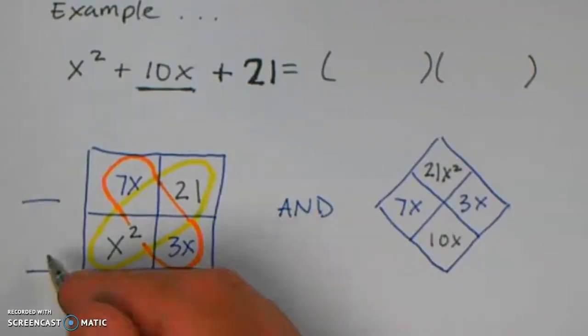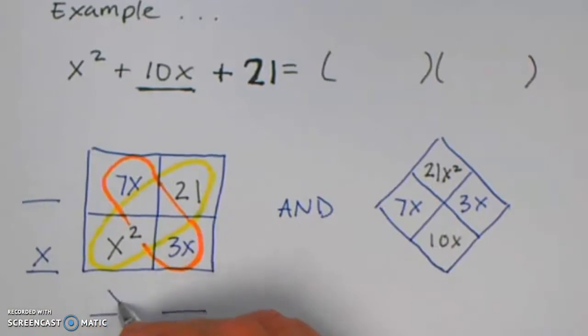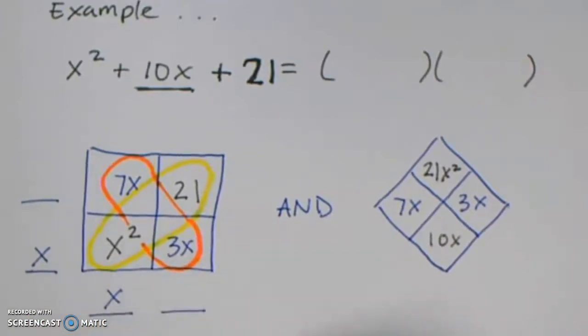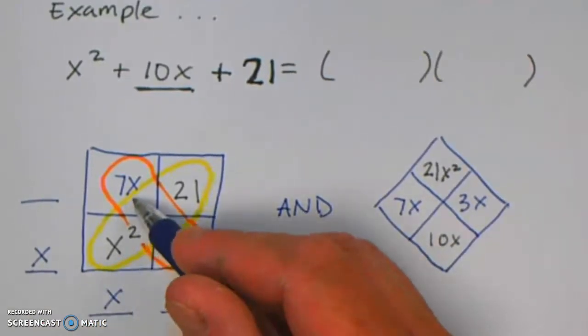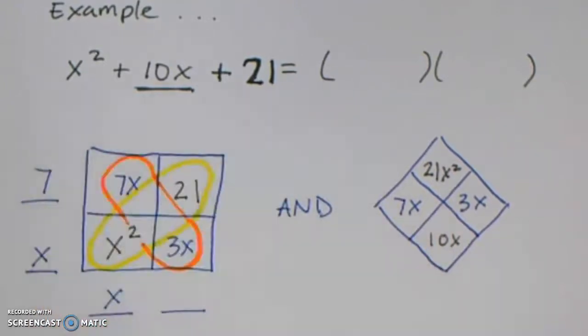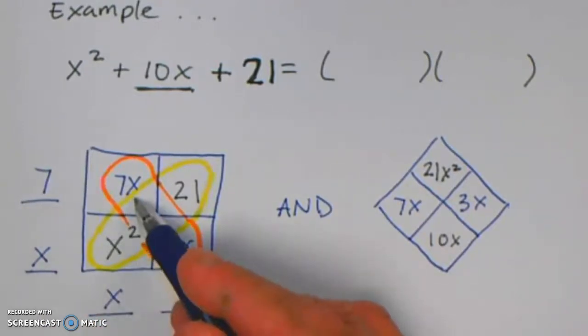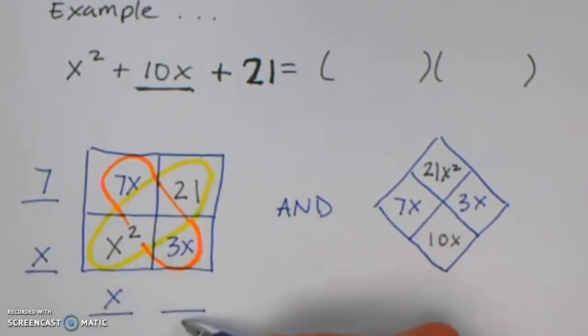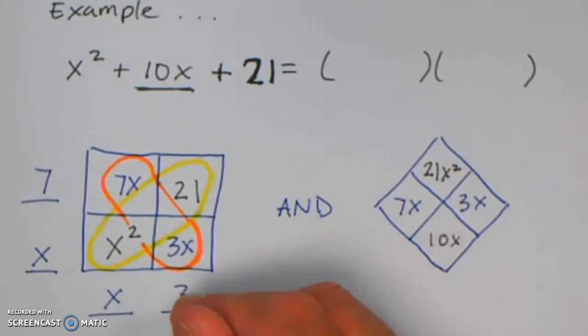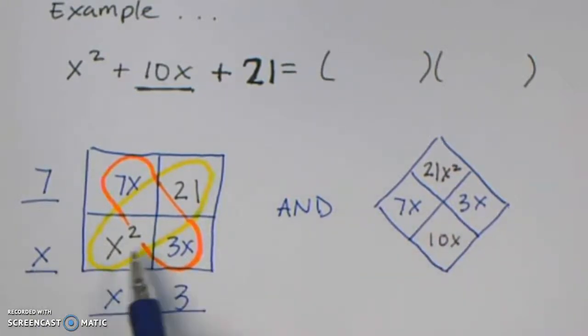You should have had x times x makes x squared. And then if I have the x down here, that brings the x into this box. So I must have a 7 on that side, because 7 times x makes 7x. And down here, I would have to have a 3, because x times 3 makes 3x.